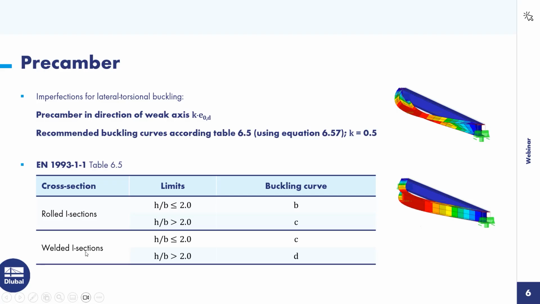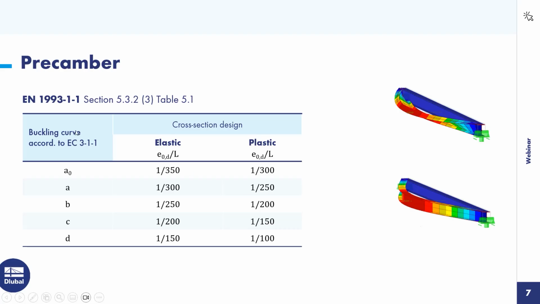We have got welded sections, H to B larger than 2. That's why we have got buckling curve D. And in this table, you see for the buckling curve D and the elastic design, 1 divided by 150.